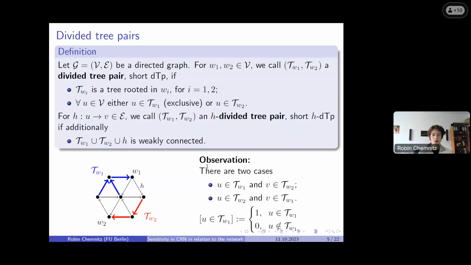This definition of divided tree pairs will come up in formulas. Given an H divided tree pair, this term U in TW1 in square brackets is a Boolean expression telling us in which way these trees are divided by H.